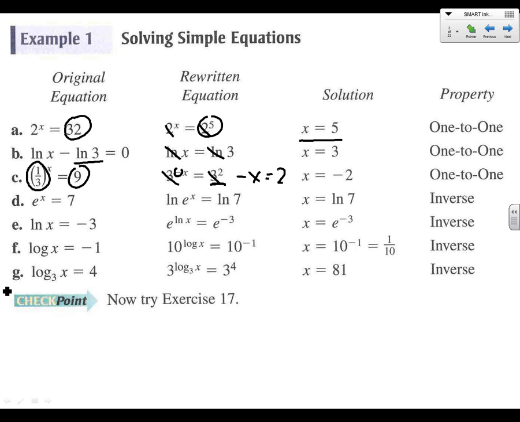All right. The next four are examples of using the inverse property. In these we have the x trapped inside of either an exponent or a log, and we're going to get it out of there by using the opposite. Here we have e to the x, and we want that x out by itself. So we're going to put a natural log in front of the e to the x. Now you can't just do that anywhere.